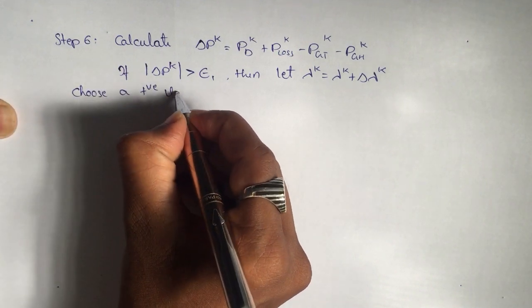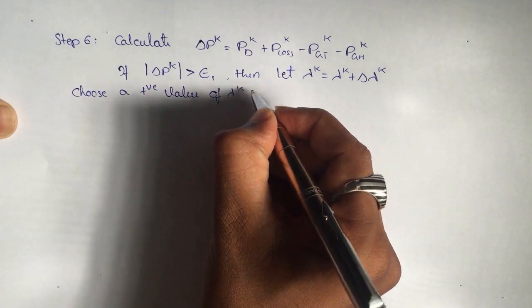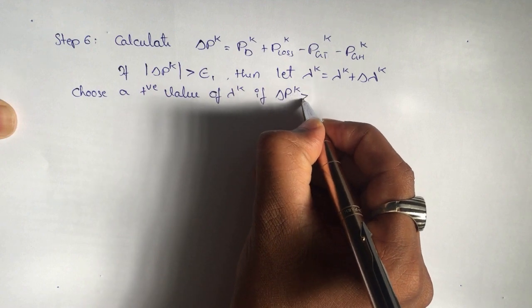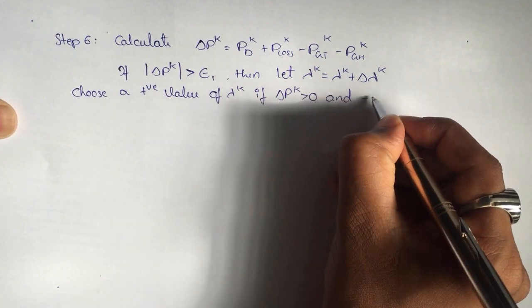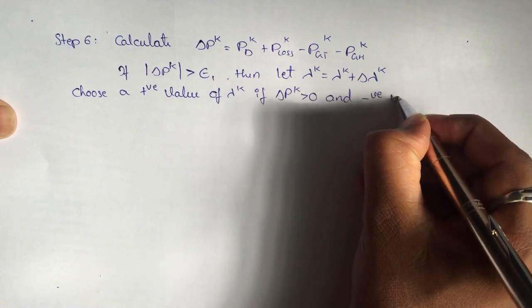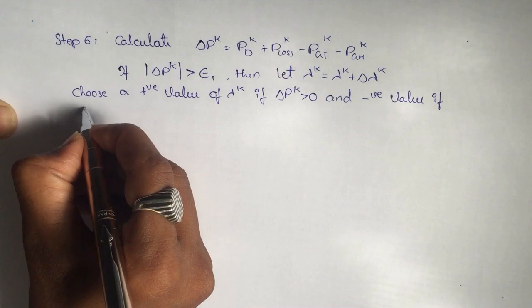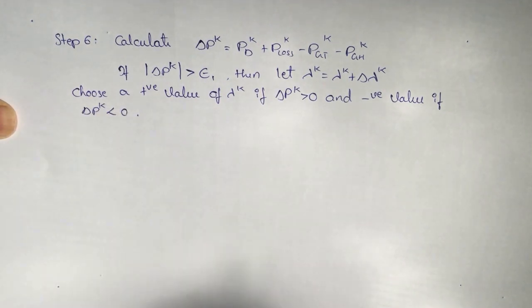Okay, we are going to choose positive value of lambda k if delta Pk is greater than 0 and negative value if delta Pk is less than 0.